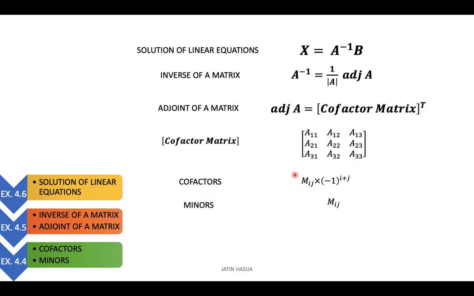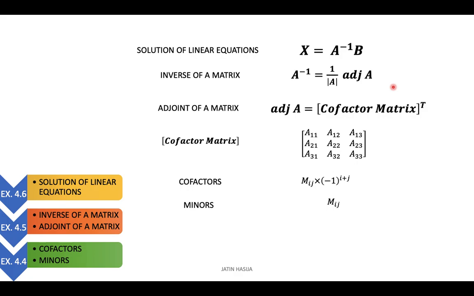From these cofactors, how can we find the cofactors matrix? From the cofactors matrix, how can we find adjoint A? From adjoint A, how can I find the value of A inverse? And from A inverse, how can I find the value of any unknown variable x? This is the sequence of the three exercises which are left in this chapter.